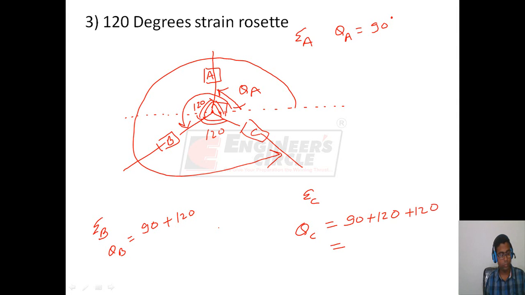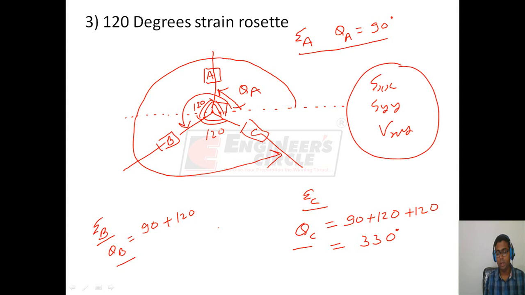So it is equal to 330 degrees. Now we have three equations. One will be epsilon A theta A, another will be epsilon B theta B, and the other will be epsilon C theta C. So from these three equations we can find out epsilon xx, epsilon yy, and gamma xy. Once we have obtained these values, we can find out the value of epsilon nn and gamma nt at this point by using these values.